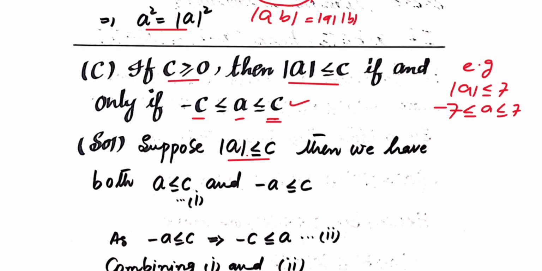As absolute A is less than or equal to C, then we have both A less than or equal to C and minus A less than or equal to C. How can we obtain these two inequalities?